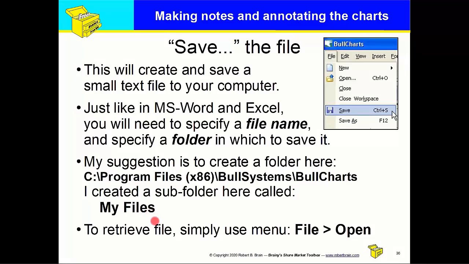And then I save into that folder, and every time I close BullCharts and open it again, all of the work that I do, my templates, my indicators, my scans, my saved files, they're all under that same folder directory, file structure. And then you use File Open to open that saved file.